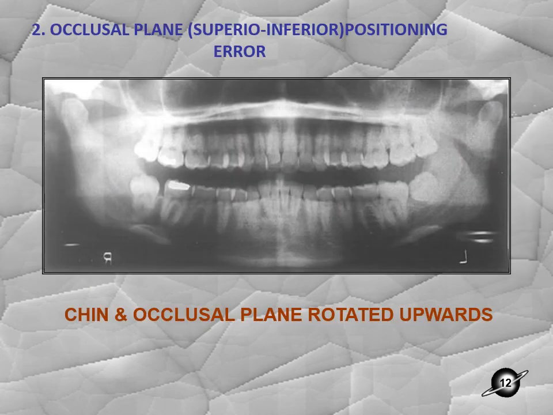Next, occlusal plane. As I told you, the Frankfurt horizontal plane needs to be parallel to the floor. If that is not parallel to the floor, sometimes the chin and occlusal plane rotate upwards. Again we see a horizontal elongation of the image.